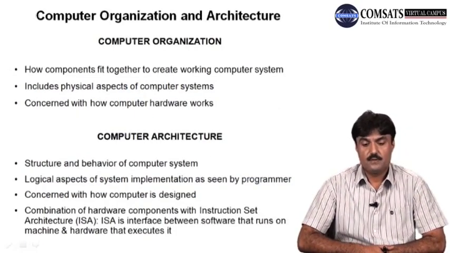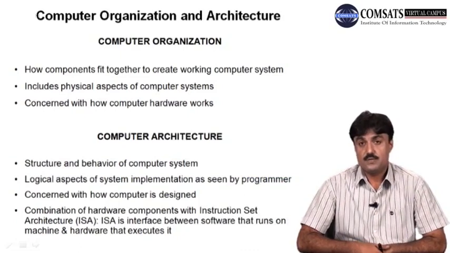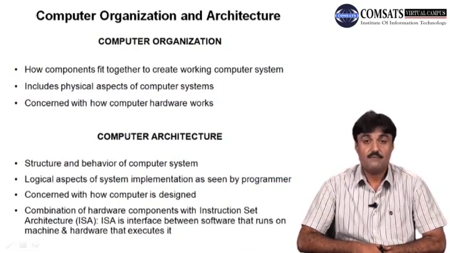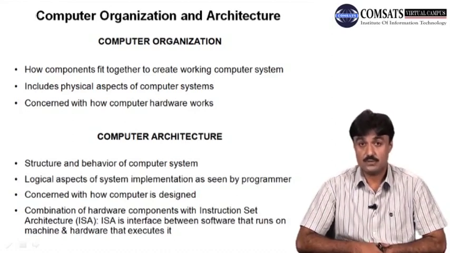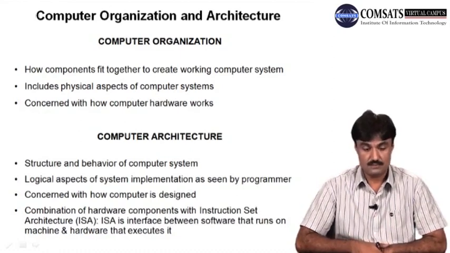Now, there are two terms which are closely related, but they have different definitions and aspects that we will consider. One is computer organization, the second is computer architecture. There is a slight difference between these two terms. The first is computer organization, which is our course that we will discuss during these lectures.